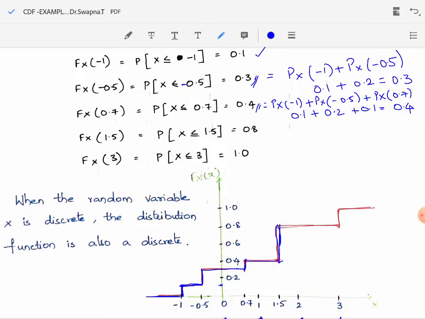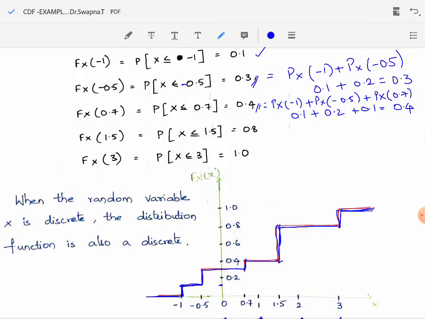And it stays at 0.8 till 3. So at 3 again it makes a transition to 1. And it continues to plus infinity, and its value is equal to 1.